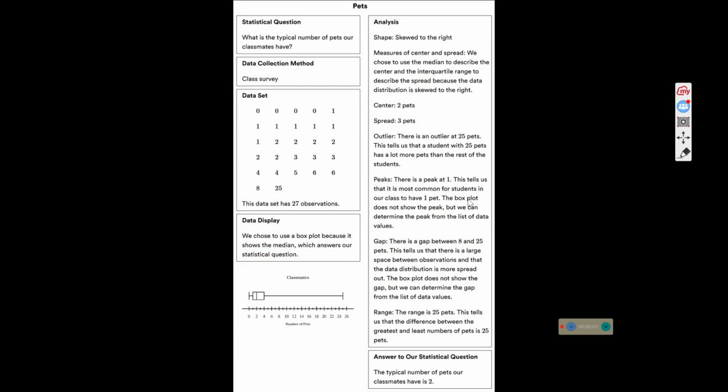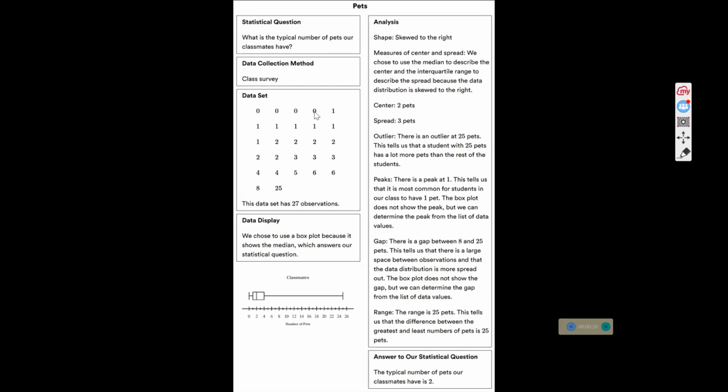Here's an example of a completed project for this lesson. You can see they've written down what their statistical question was. They are examining the number of pets their classmates have. They've written down how they collected their data, which they used a survey and asked their peers. They've included all of the values in the data set.